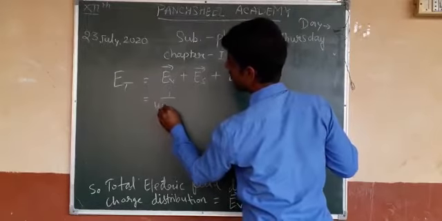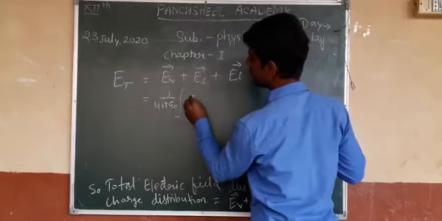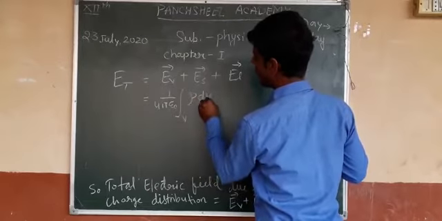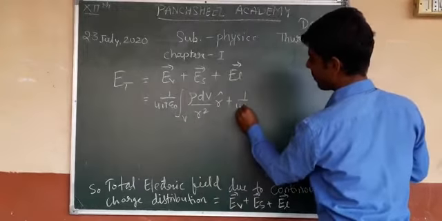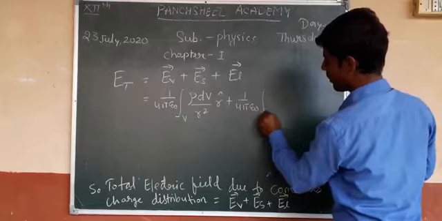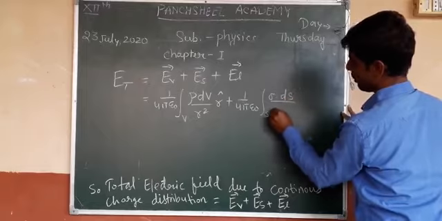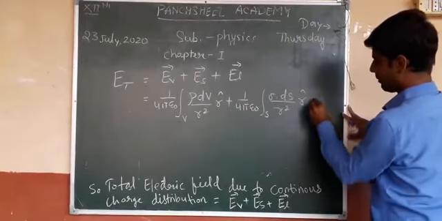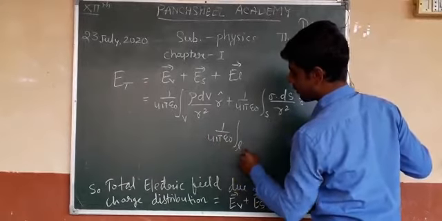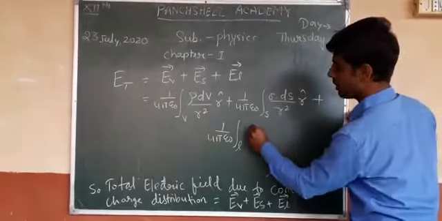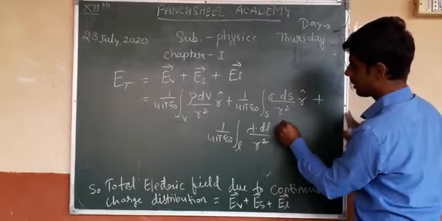1 upon 4 pi epsilon naught, integration over the volume, rho dV upon r square, r cap, plus 1 upon 4 pi epsilon naught, integration over the whole areal surface, sigma ds upon r square, r cap, plus 1 upon 4 pi epsilon naught, integration over the linear charge distribution, lambda dl upon r square, r cap.